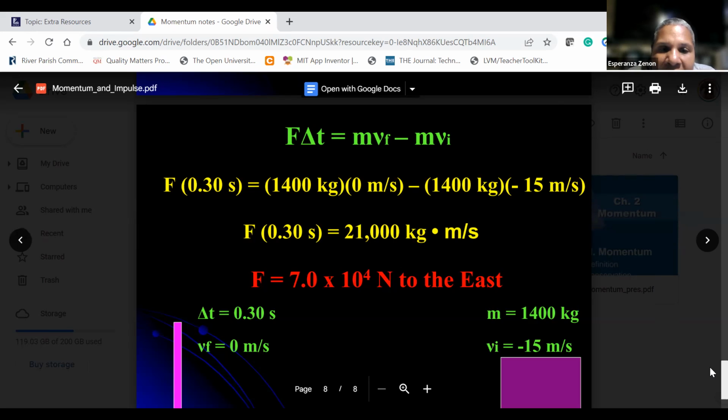So we increased the time by 0.2 of a second and dropped the force by almost half. So that's what an airbag does. Okay? So the combination of a seatbelt and an airbag: the seatbelt protects you from Newton's first law, the airbag protects you from impulse.